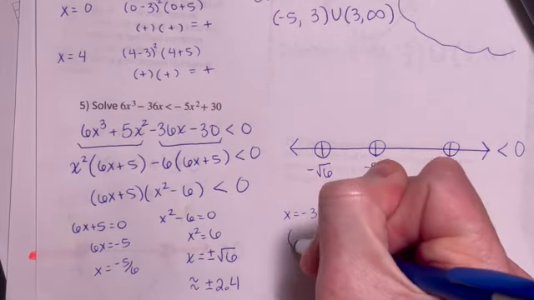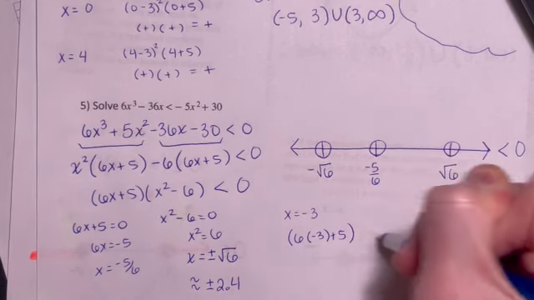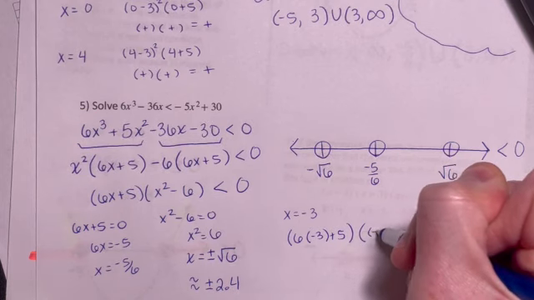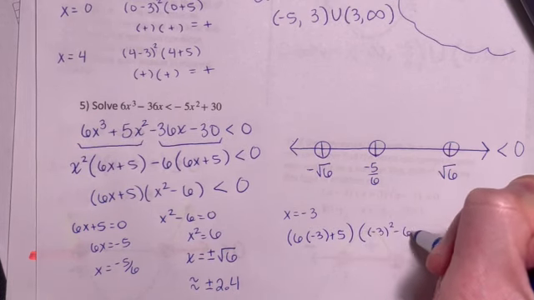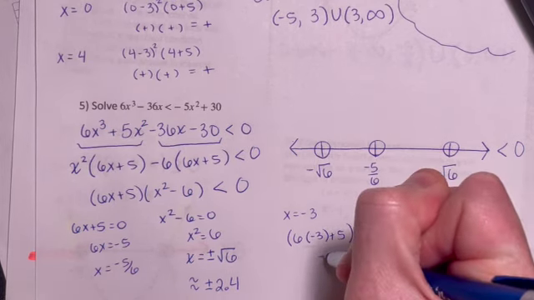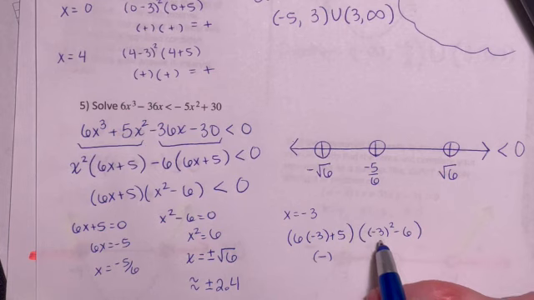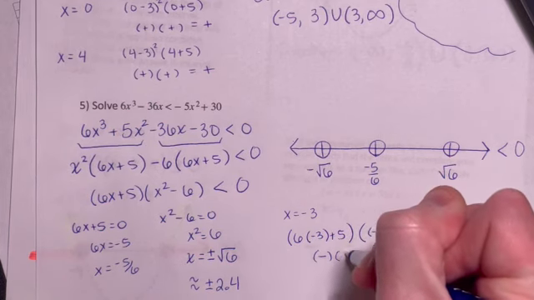You can plug this into factored form or into the original inequality. I like using factored form, so 6 times negative 3 plus 5, and then negative 3 squared minus 6. We're going to get negative 18 plus 5 is still negative. Something squared, so negative 3 squared, that's 9. 9 minus 6 is still positive.